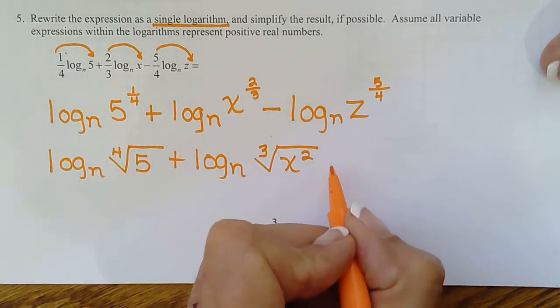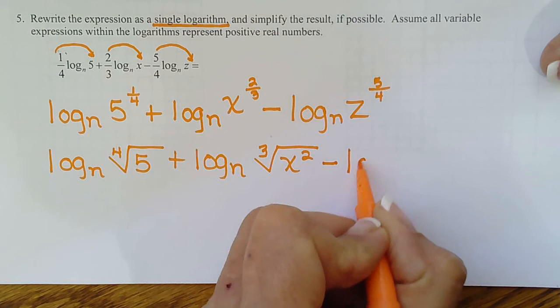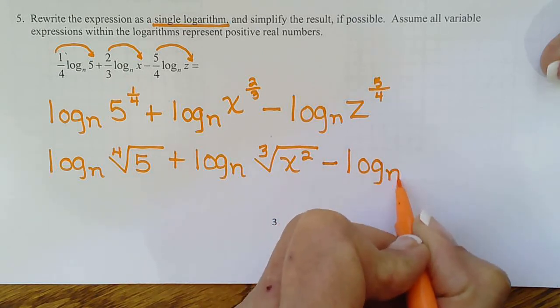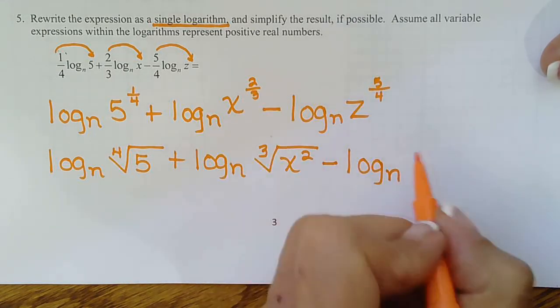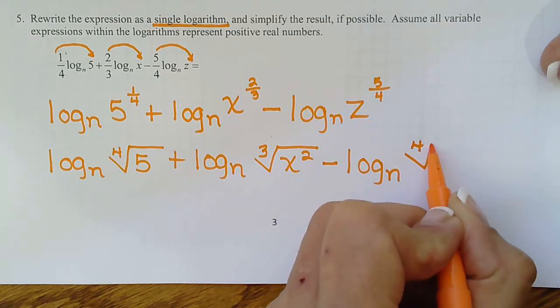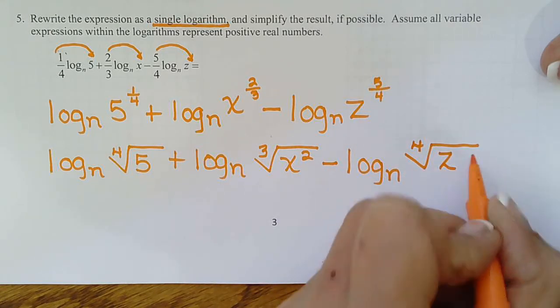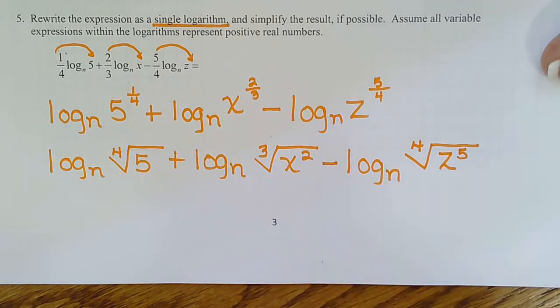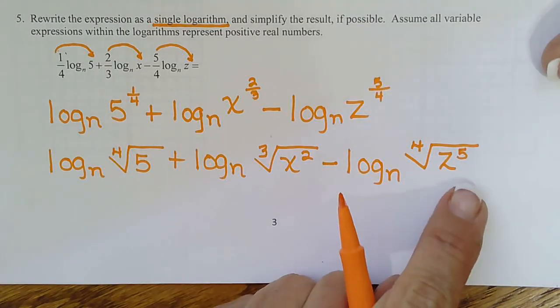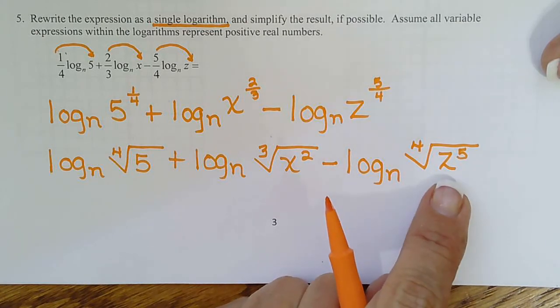And then we have minus log base n. Index is 4, so 4th root of z to the 5th. But that, I know you're not even thinking that. I hope you are, but I doubt it.